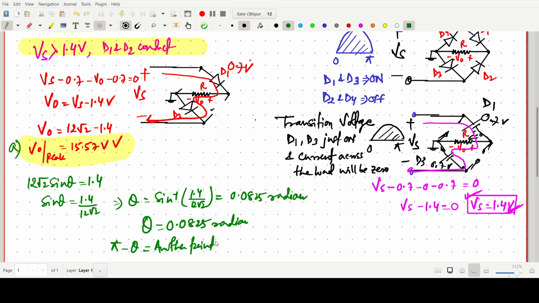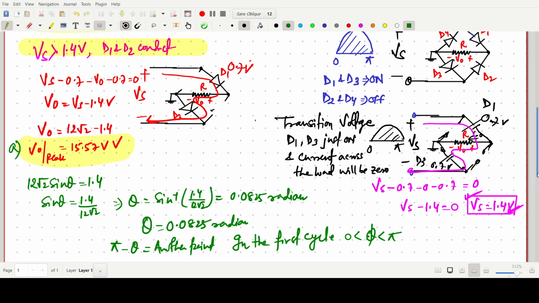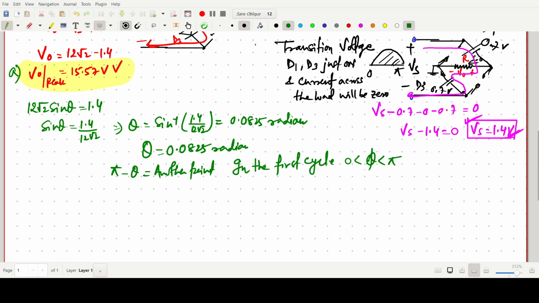So in the first cycle, meaning theta between 0 to pi, in order to avoid confusion with the angle, make it phi or anything, for the region 0 to pi, or if we say omega t between 0 to pi, the conduction angle for the first half will be pi minus 2 theta.